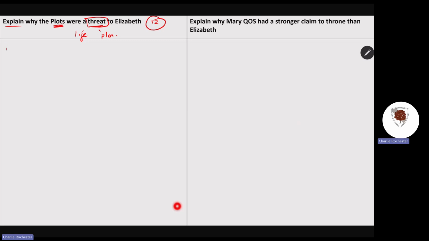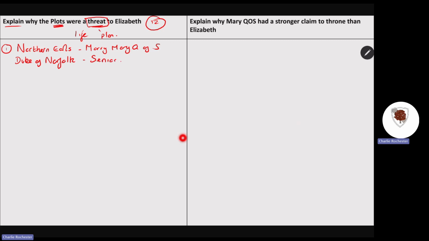So first of all, you need to remember the first plot, which is the Northern Earls. Now, the plan of the Northern Earls was to marry Mary, Queen of Scots, to the Duke of Norfolk. Now, the Duke of Norfolk was a very powerful individual.